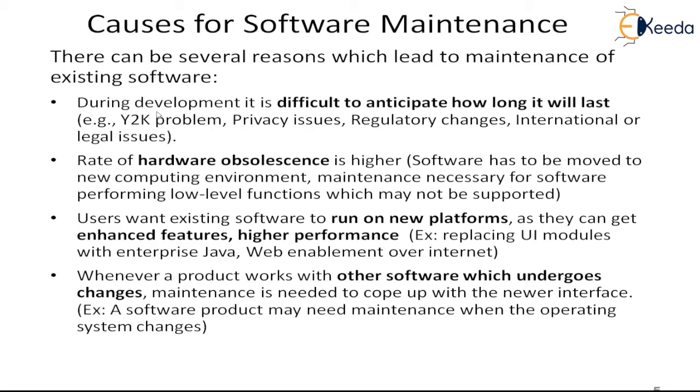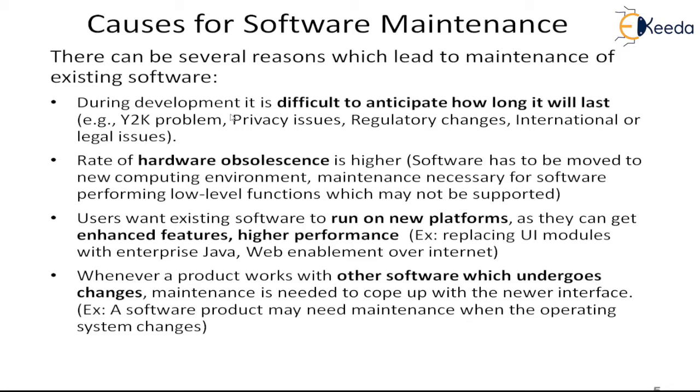These are the things which nobody thought of. People who wrote programs in the 1960s and 1970s never knew what would happen in 2000, how the program would get affected. So all their date computations became invalid when Y2K came.